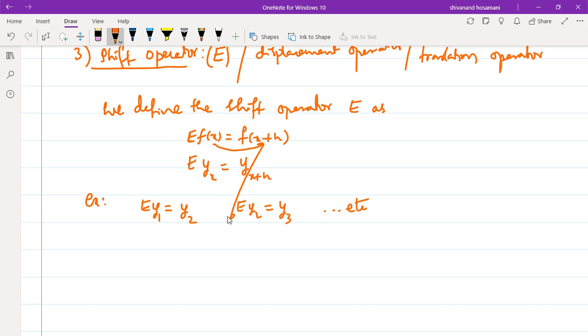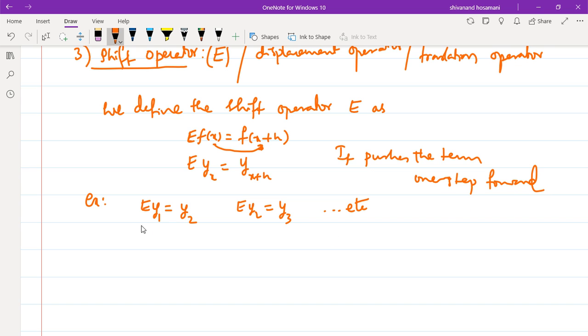So y1 is shifted to y2, y2 is shifted to y3, and so on. That is what the shift operator does. It pushes the term one step forward.